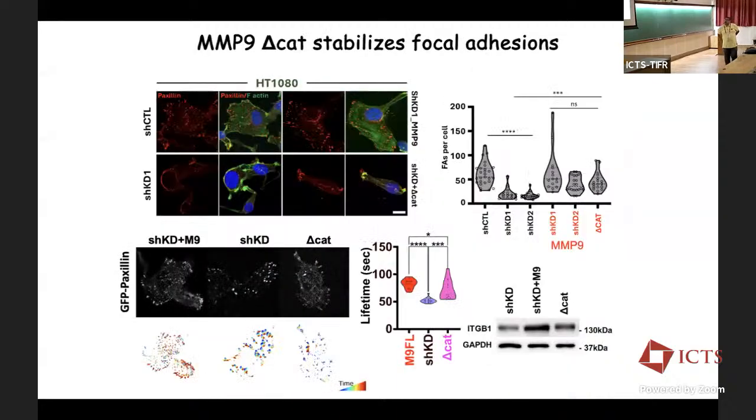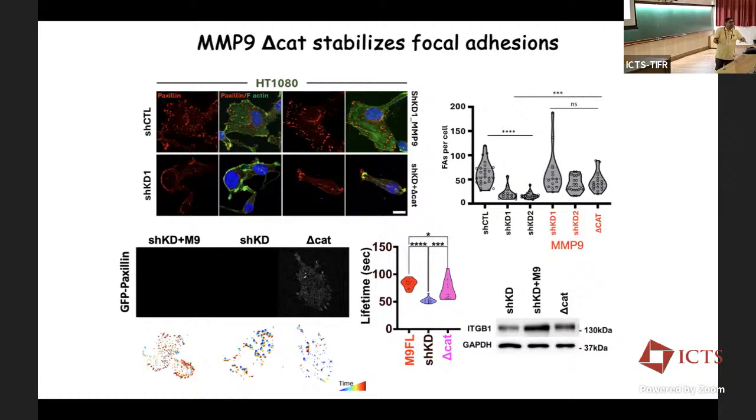Okay, so how is MMP9 doing this? To address that question, we once again looked at the formation and dynamics of focal adhesions. We found that knockdown cells had far fewer focal adhesions, and the focal adhesions were unstable, with limited lifetime.